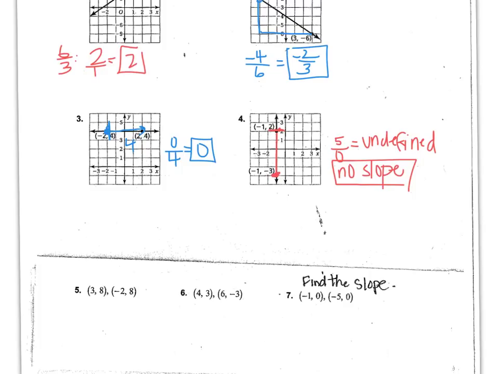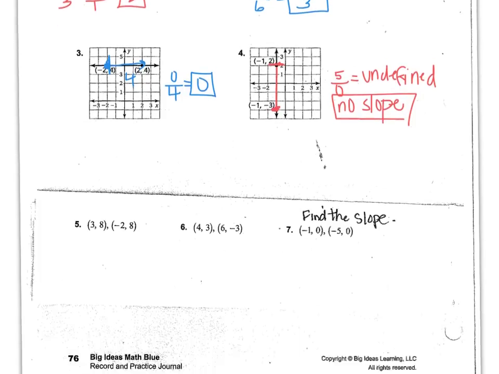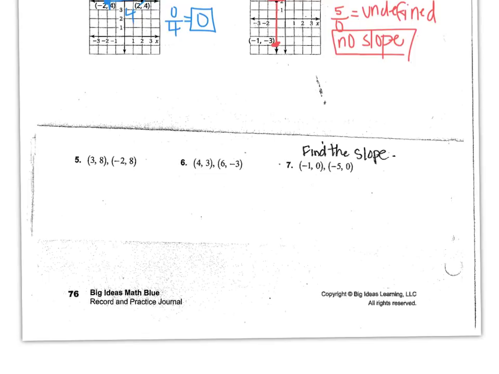All right, let's move on and let's look at the slope formula. So in order to do these down at the bottom, we have to use our slope formula, which is y2 minus y1 over x2 minus x1. And that's the formula for slope. Remember, in a coordinate point, it goes x comma y.